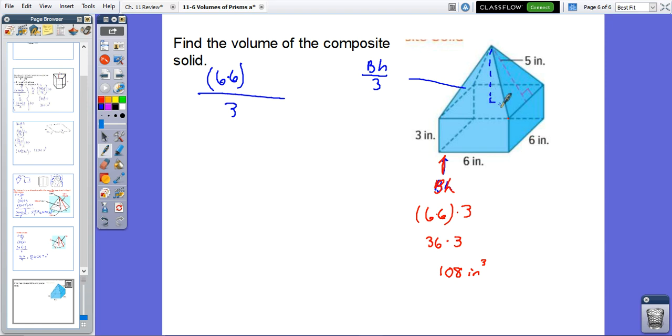So what we're going to have to do is make a right triangle right here. We're going straight up and down and then to this slant height. So we make a little right triangle, and this now becomes a Pythagorean theorem problem. This is our hypotenuse, making this our leg and our leg. So what's the distance from the middle to the edge? Well, if this whole side is 6 and this is halfway, that makes it 3.